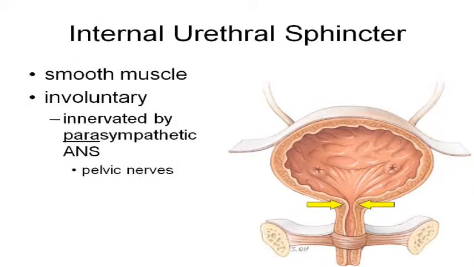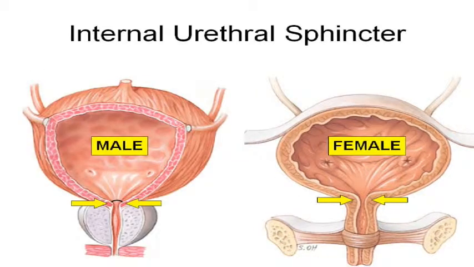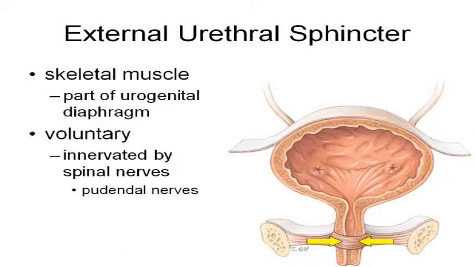Right where the urethra joins on the bladder, there's a little circular section of smooth muscle called the internal urethral sphincter. In males, it's right above the prostate. In females, it's right here. There is no prostate. All right, the external urethral sphincter, like your external anal sphincter, is skeletal muscle. This is voluntary. This is innervated by a nerve called the pudendal nerve.